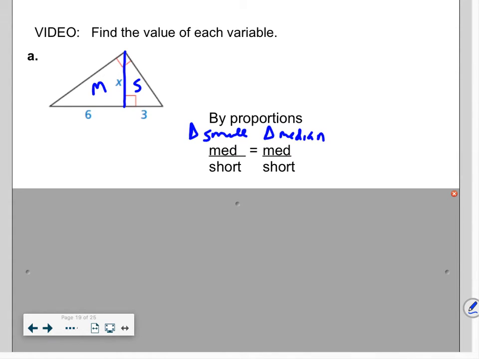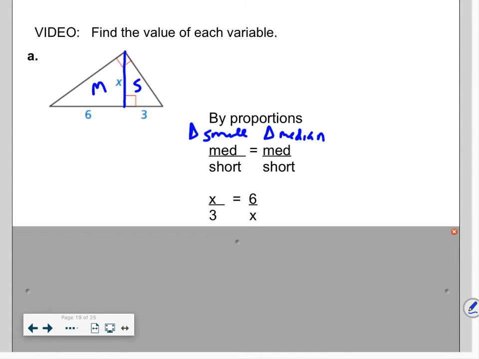If I decide how I'm going to set up my proportion, I'll take the medium side of the small triangle, which is the x, and compare it to the short side, which is the 3. Then I'll compare that to the medium triangle, and I'm going to compare the medium side, which is the 6, to the short side, which is x.